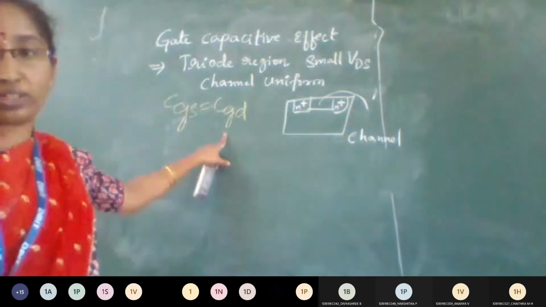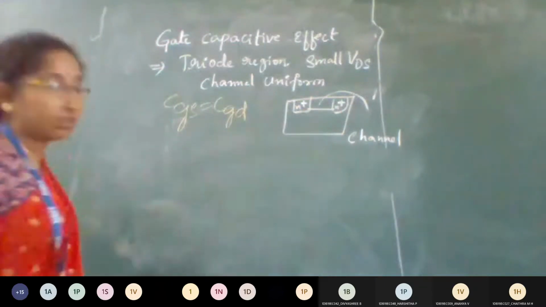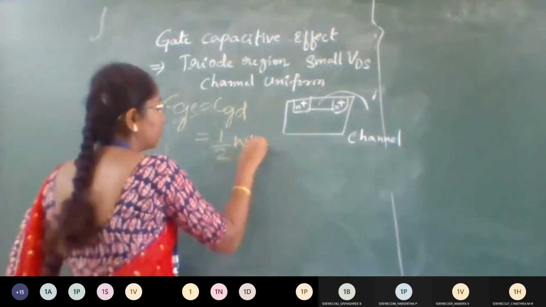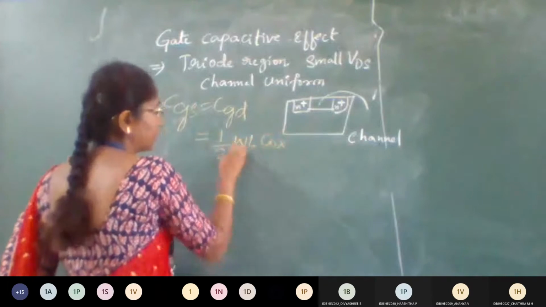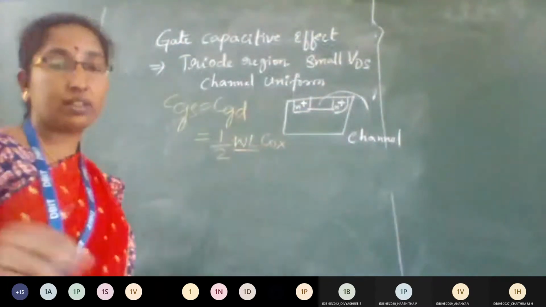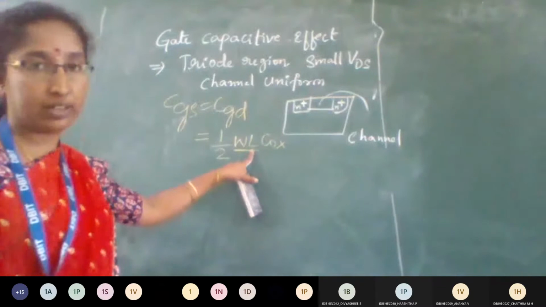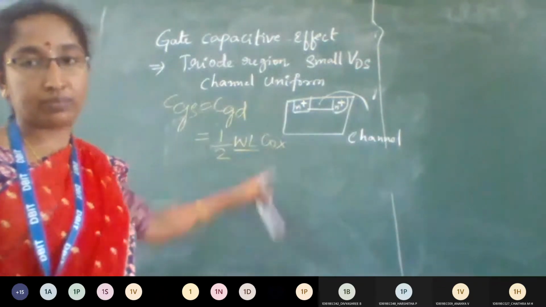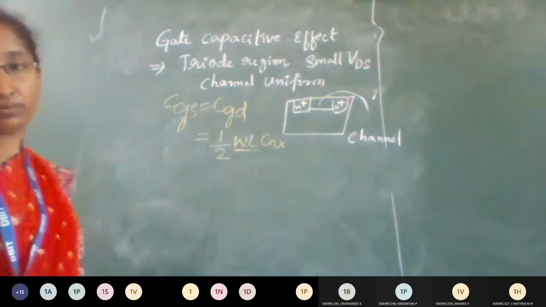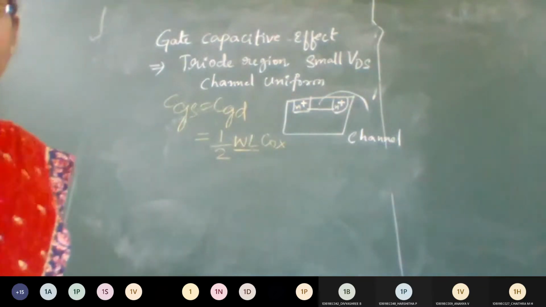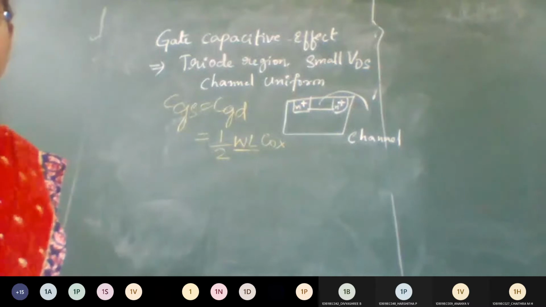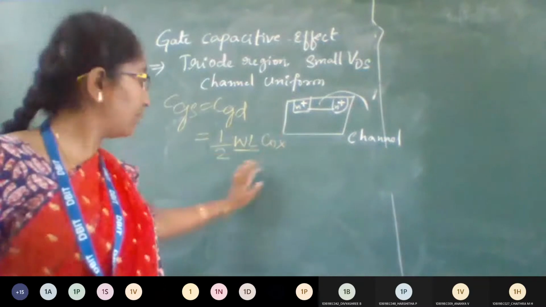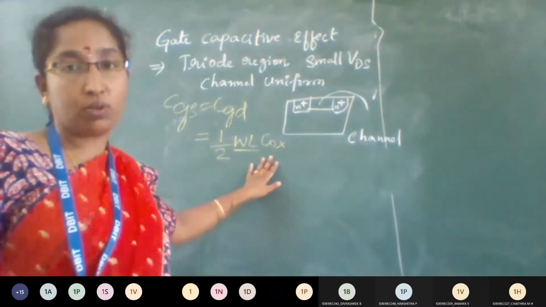So CGS is equal to CGD is equal to the average, half of WL COX. WL is an area, that is the width of the channel times the length of the channel, into the oxide capacitance. Any doubt in this? Since it is equally divided and uniform, we take the average, half of WL into COX.